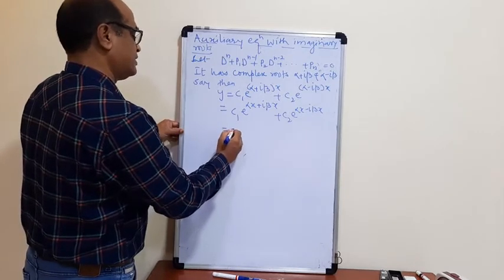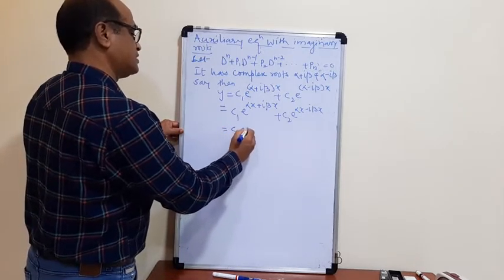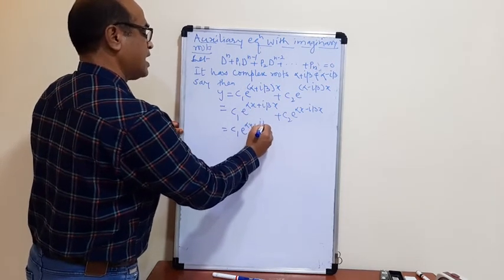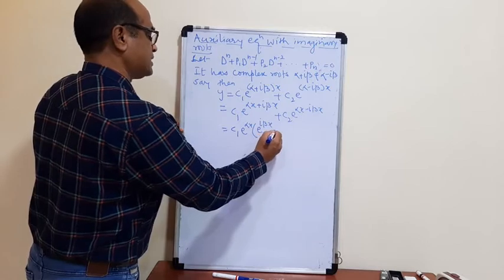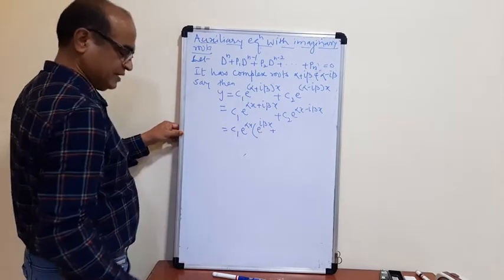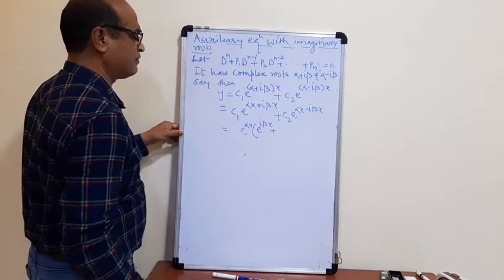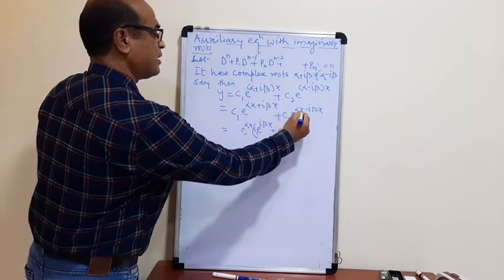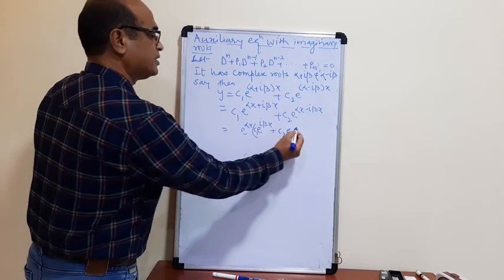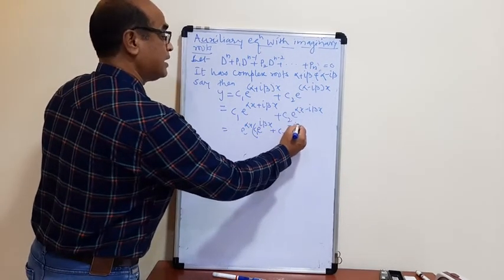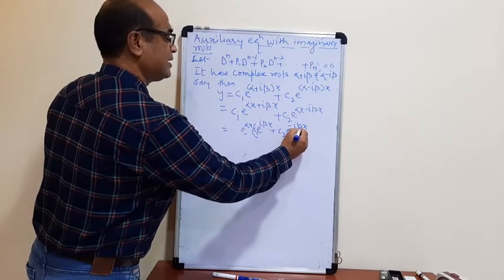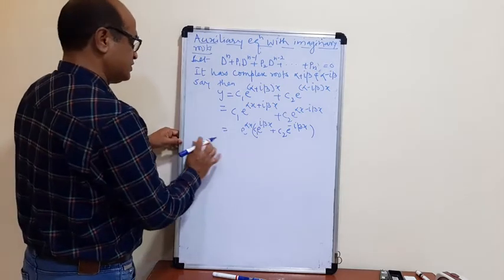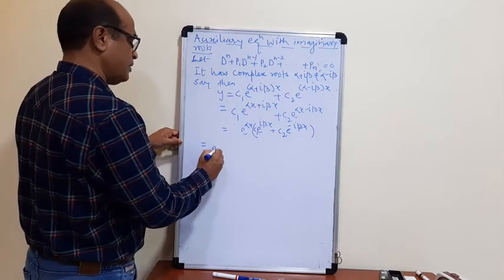So c1 e raised to alpha x into bracket e raised to i beta x, plus c2 e raised to alpha x taking out e raised to minus i beta x. So this is equal to e raised to alpha x.